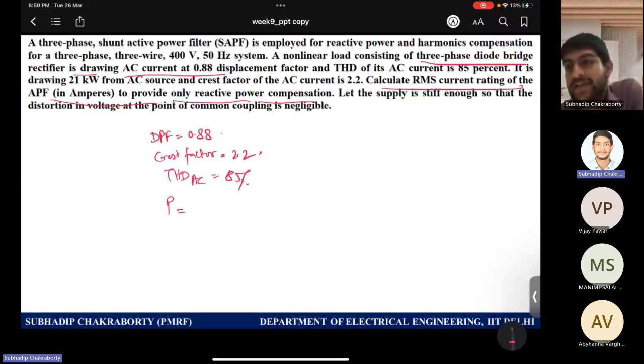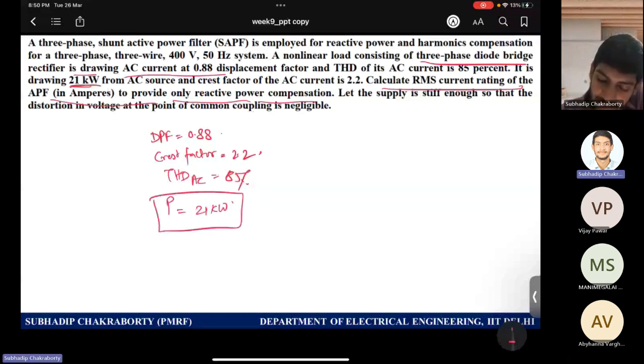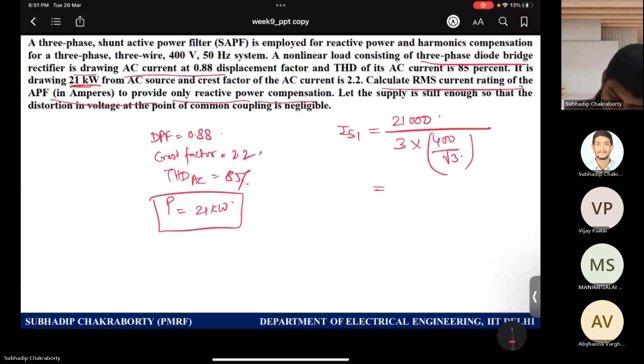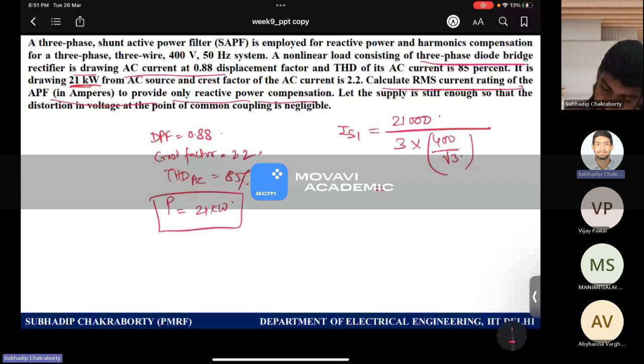From active power, what we can determine? We can determine the fundamental, as I already told you. So 21,000 divided by 3 into VS phase. So calculate what is the fundamental. 30.31. This is IS1.